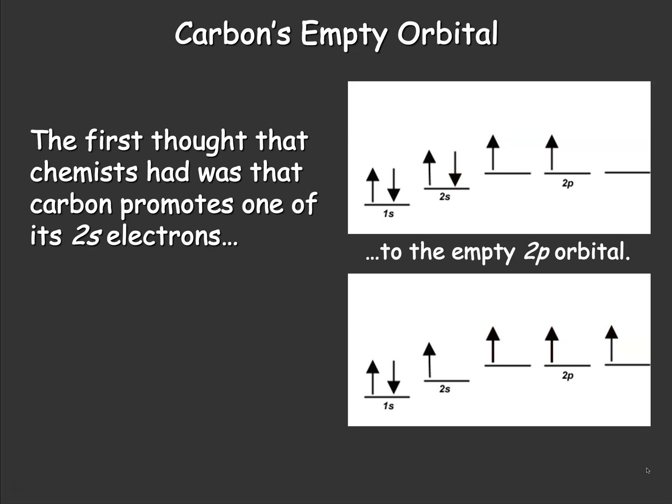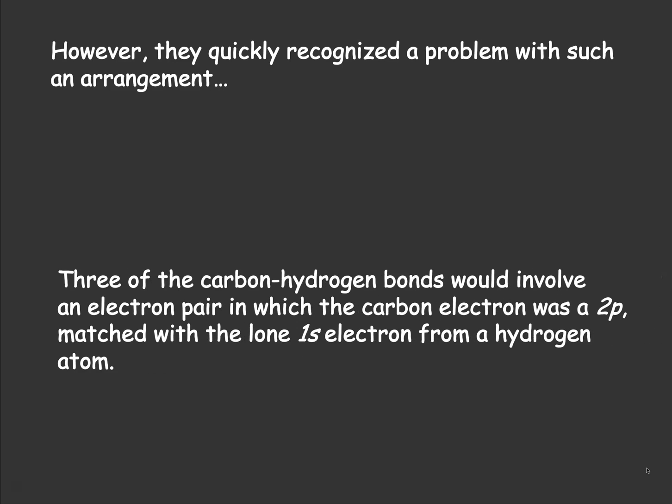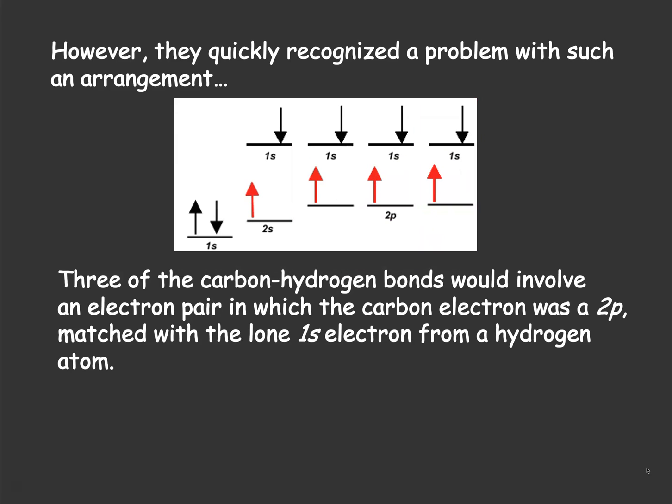But quickly they recognize there's a problem with this arrangement that we just saw. Again, here at the bottom, they found a problem with this arrangement in the bottom diagram. 3 of these carbon-hydrogen bonds would involve an electron pair where the carbon electron is 2p, and that matched with the 1s electron from hydrogen. So these ones blinking in the purple, they all match.